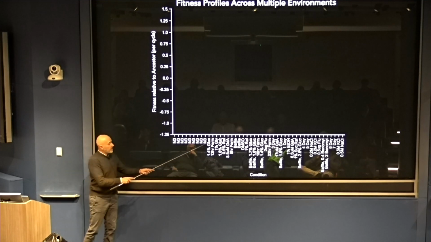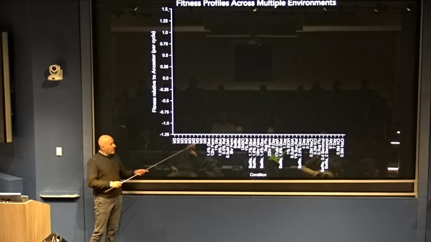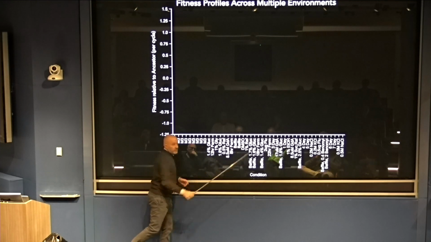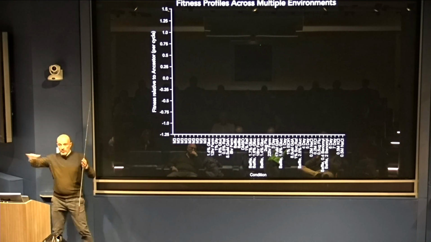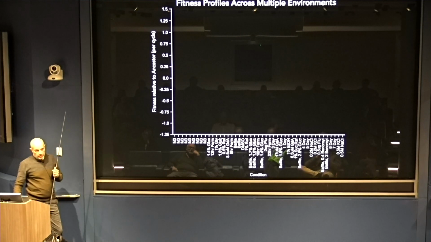This condition is most like M3, not because I believe it to be so, but because the fitnesses of the mutants were most similar between this condition and M3. And this condition gave me the most different fitnesses. So as you go along the x-axis, the fitnesses will change more dramatically.